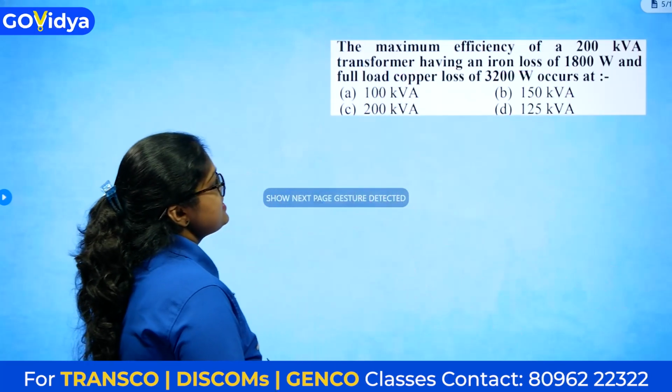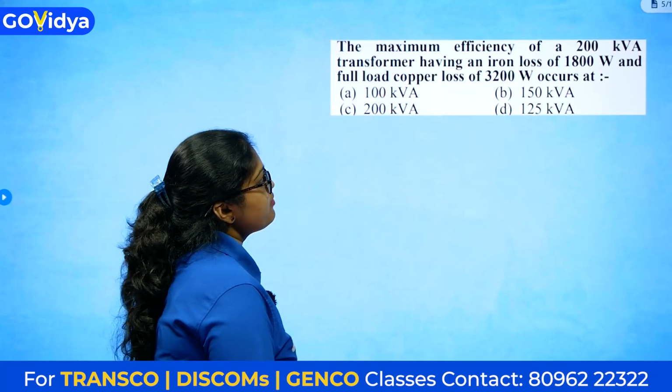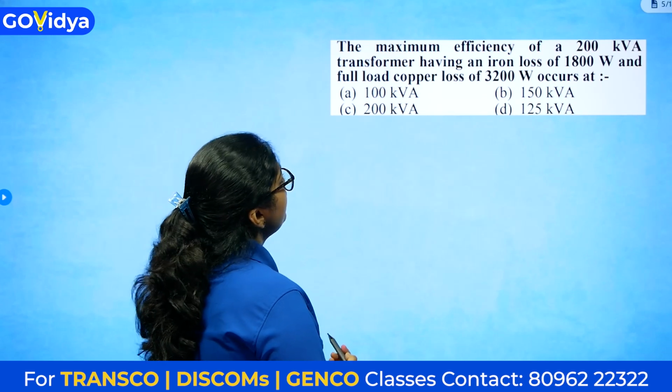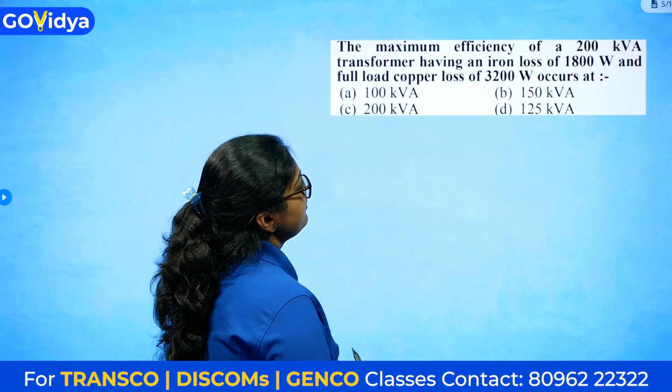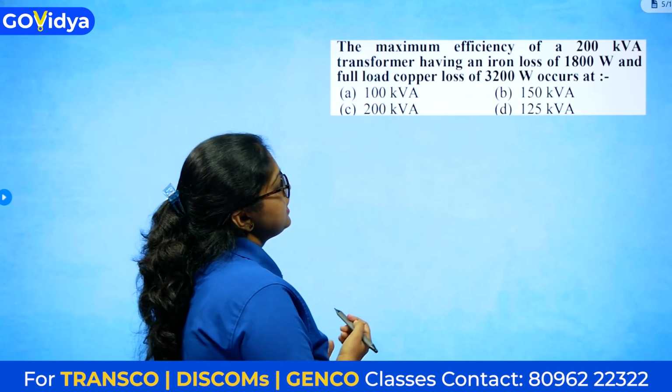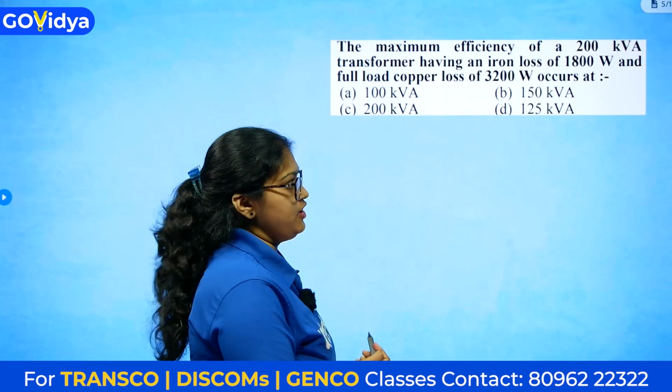The maximum efficiency of a 200 kVA transformer having an iron loss of 1800 watts and full load copper loss of 3200 watts occurs at... we have to calculate the load kVA.